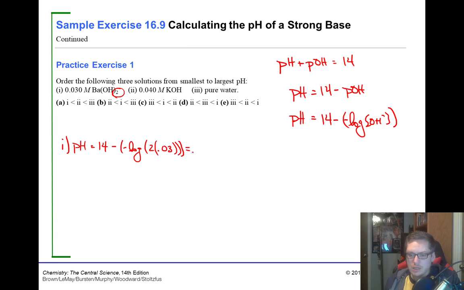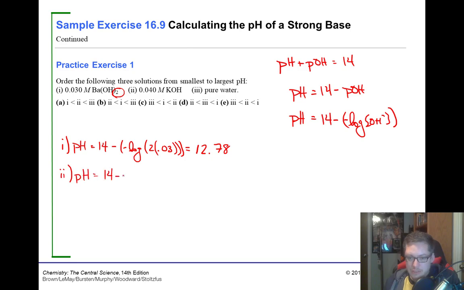So we say 14 minus the negative log of 2 times 0.03. I got 12.78, 2 sig figs.